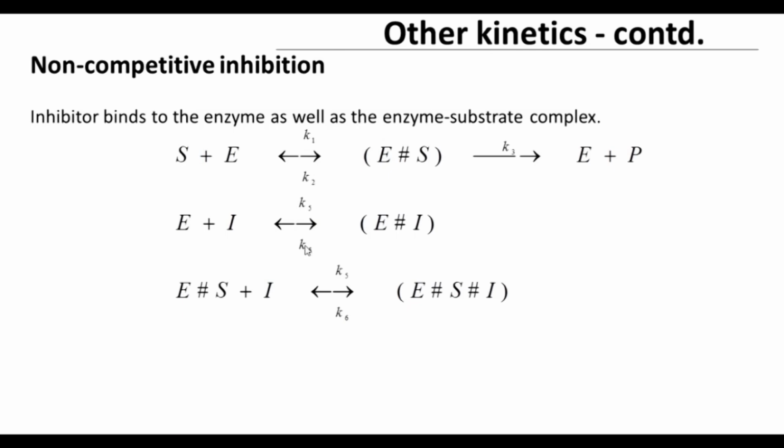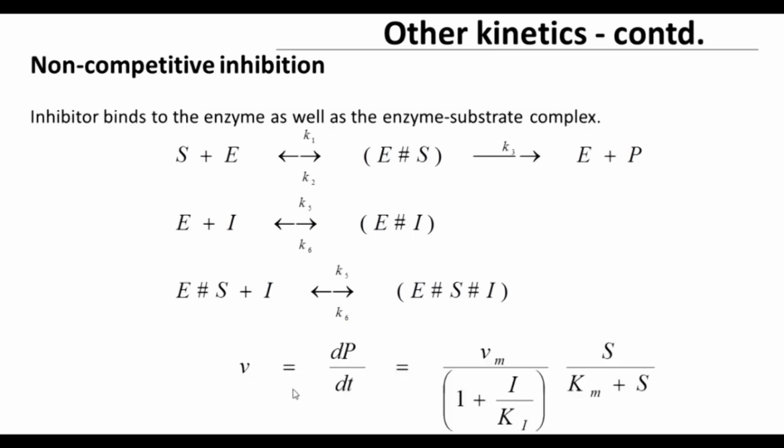You can go through a longer process on the same lines as that for Michaelis-Menten, the material balance and so on, and if you do it right, you will get, for a batch case, dP/dt equals Vm by (1 plus I by Ki) into S by (Km plus S).